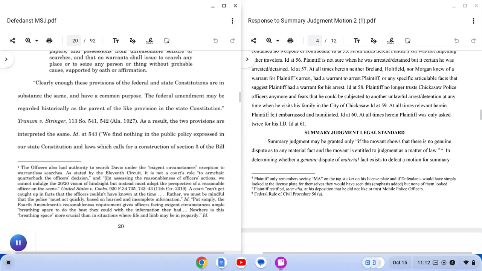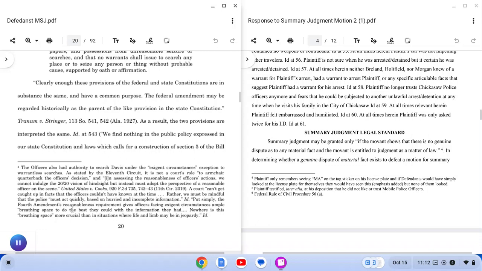And they use that to determine if the real officer on the scene acted in a lawful manner, meaning acted in a reasonable manner. A court can get caught up in facts. A court can't get caught up in facts that the officers couldn't have known at the time. Rather, we must be mindful that police must act quickly based on hurried and incomplete information.